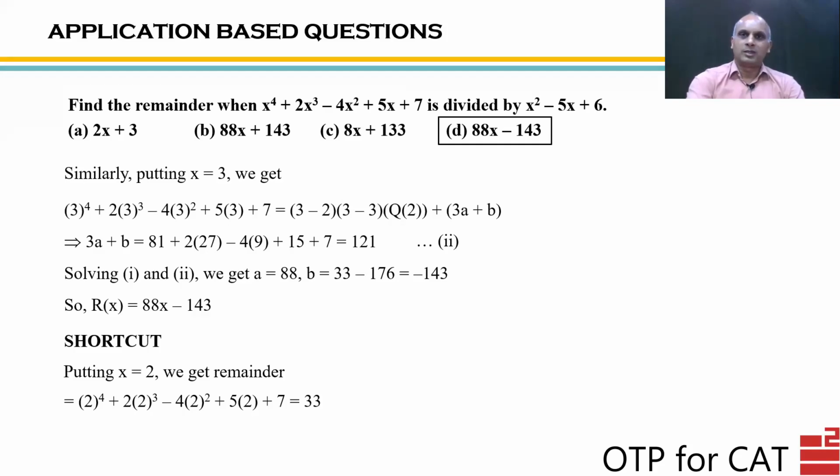From the options, by putting x as 2 in the options, whichever option gives me the value as 33 is going to be my answer. And I realize that only option D gives me the remainder value as 33 when I put x as 2. No other option gives me that. And so in a very short time, I'm able to solve this seemingly lengthy question.